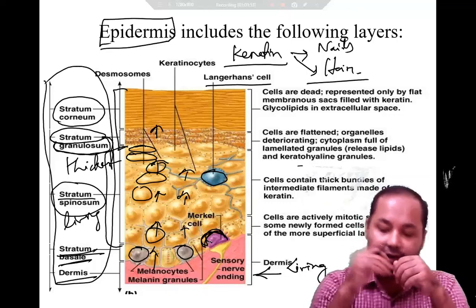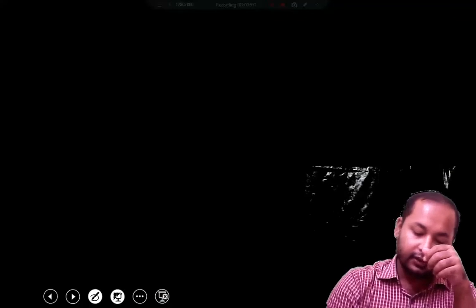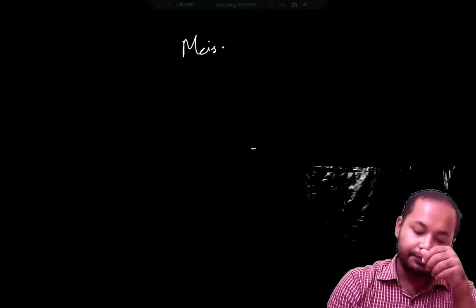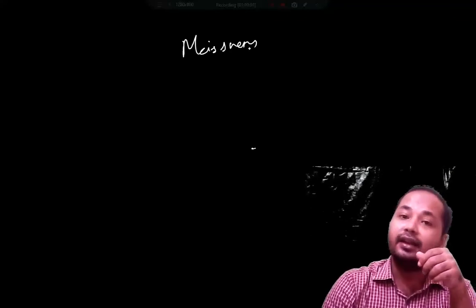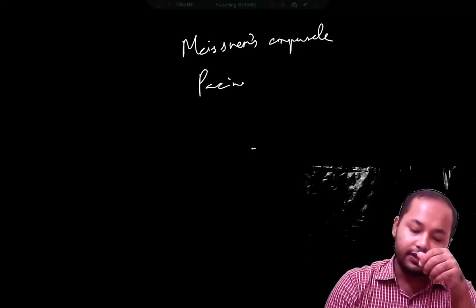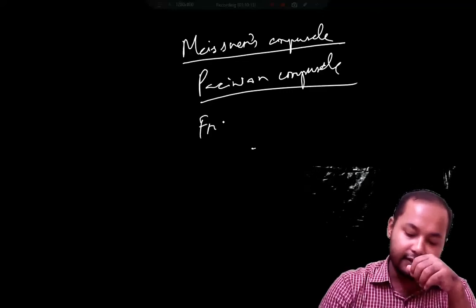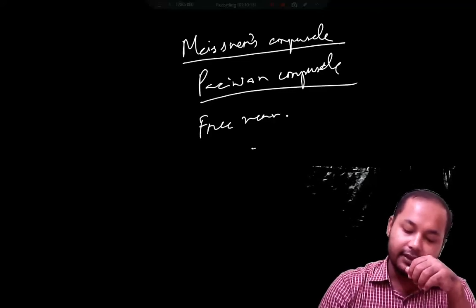Yes, of course, you have got a few more other things which are important, such as the Meissner's corpuscle. These are sensory nerve endings, Meissner's corpuscle. Pacinian corpuscle, which is sensing pressure. So these are special kinds of nerve endings and free nerve endings. Free nerve endings, they sense pain.